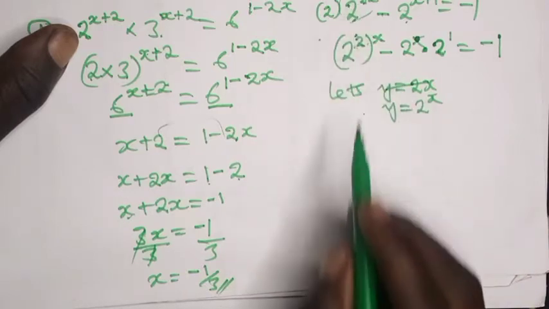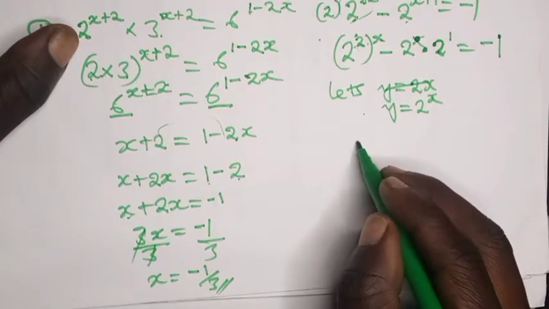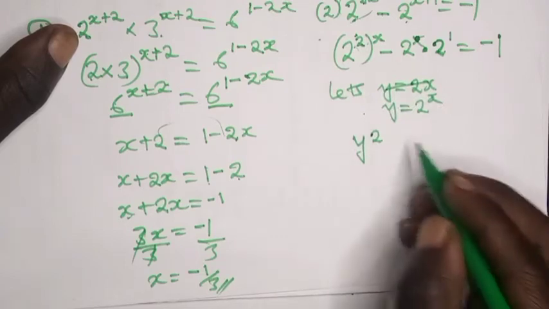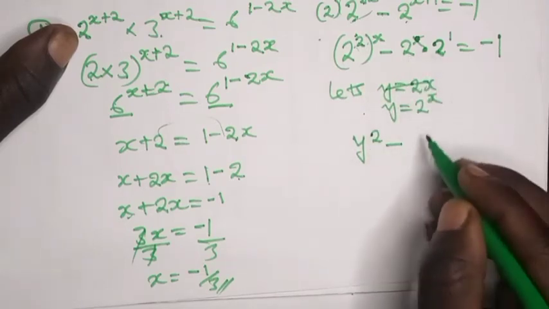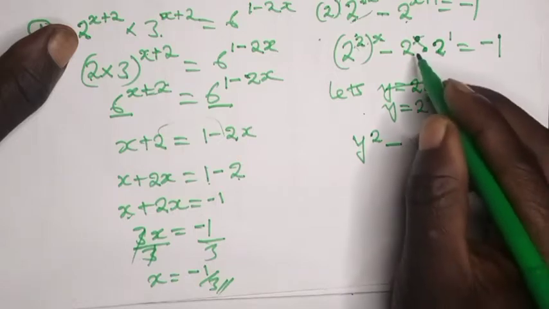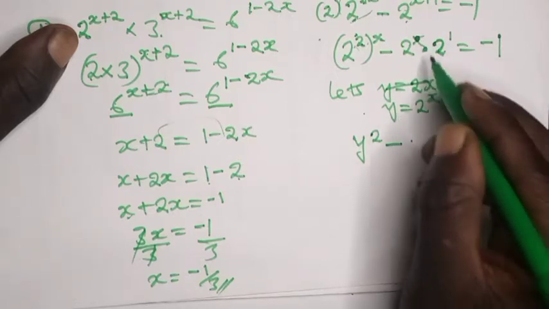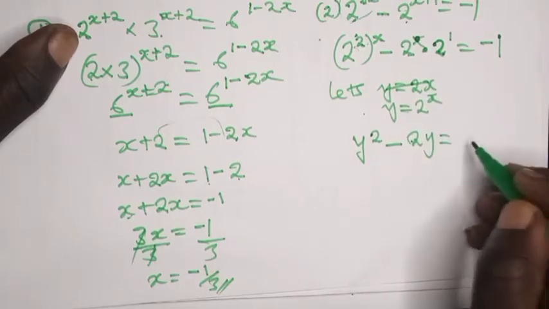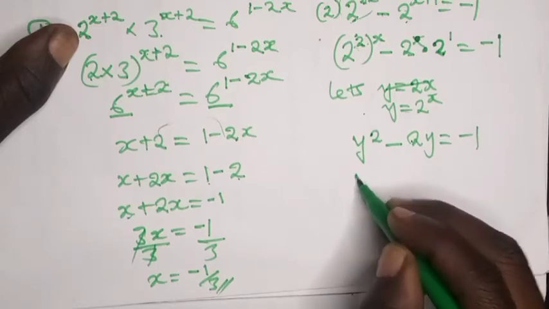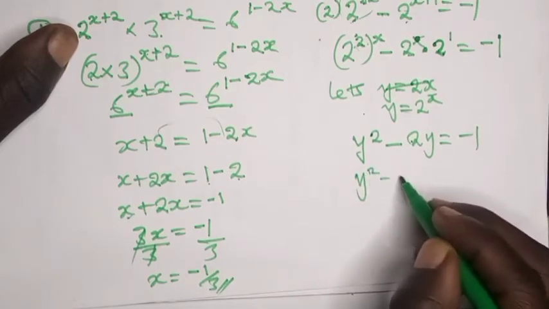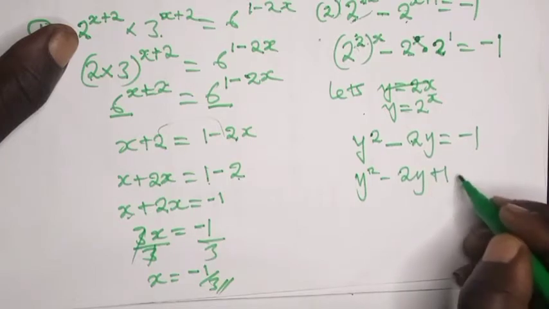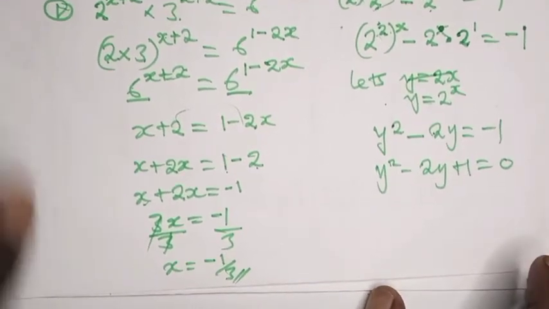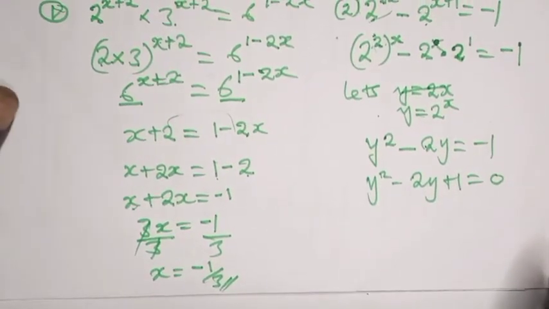Here there is the power 2x, as you can see. So it will be y squared minus 2, and here there is y times the 2, it will be 2y equals minus 1. So y squared minus 2y plus 1 equals 0. Then here we are going to use the factorization method.